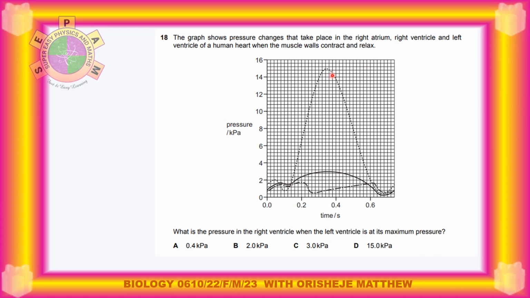So this is the pressure of the left ventricle, and the pressure here is the pressure for the right ventricle. So let's identify the peak for the left ventricle. The peak is here, which is about 15 kilopascals. Then the pressure here is going to be 3 kilopascals. So the answer is C.